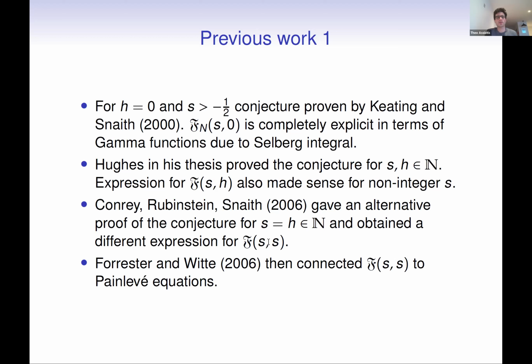Then Conrey, Rubinstein, and Snaith gave an alternative proof when s and h are equal and integers, and they obtained a different expression for this. And then I think the same year or soon afterwards, Forrester and Witte connected this leading order coefficient, when s and h are equal and integers, to Painlevé equations.